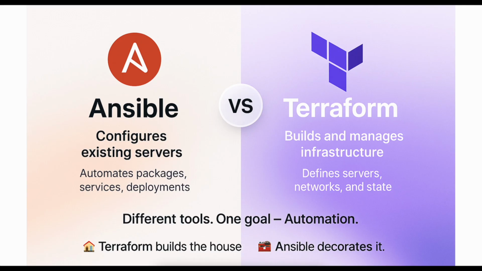Some teams rely only on Terraform if they just need to provision infrastructure. Others stick with Ansible if their servers are already created and they just want to automate configurations or deployments. It really depends on the project's requirements, the size, the workflow, and how much control the team needs at each layer.